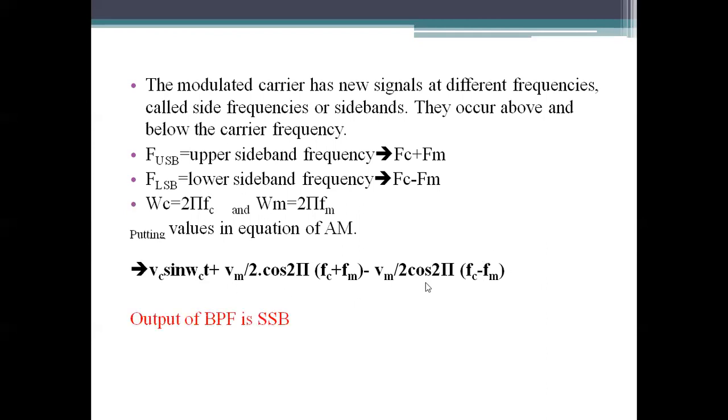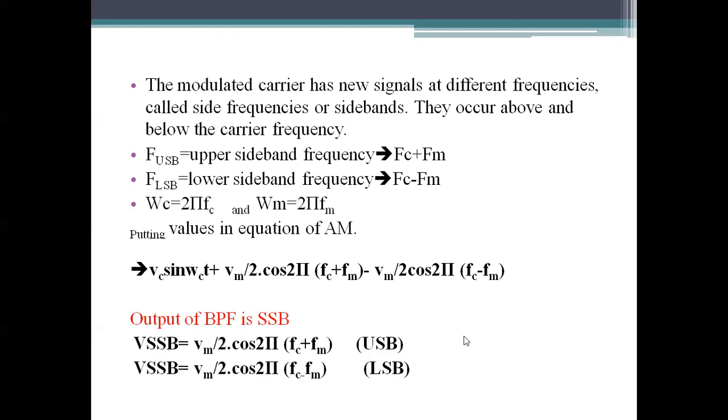Now this particular signal is applied to a band pass filter. The band pass filter has a cutoff frequency either at the upper sideband, that is fc plus fm, or at the lower sideband, that is fc minus fm, and based on that it will generate two signals. The first one is the upper sideband, where the center frequency is fc plus fm, and the second one is the lower sideband, where the frequency is fc minus fm.